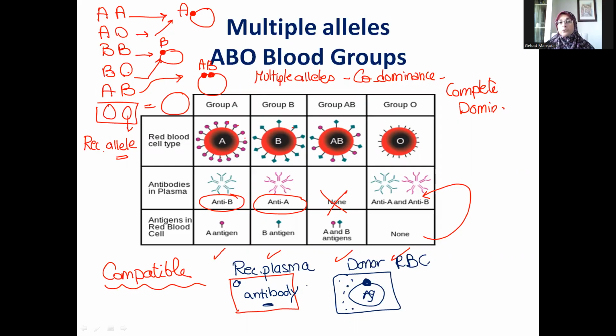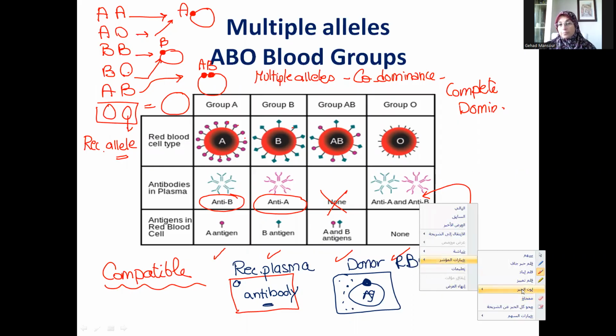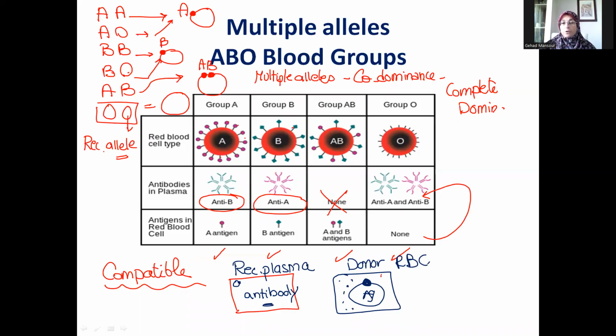So here, for example, if you have on the donor's RBC antigen A, of course you cannot have anti-A here.